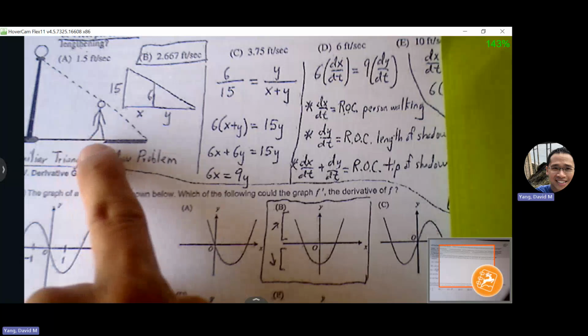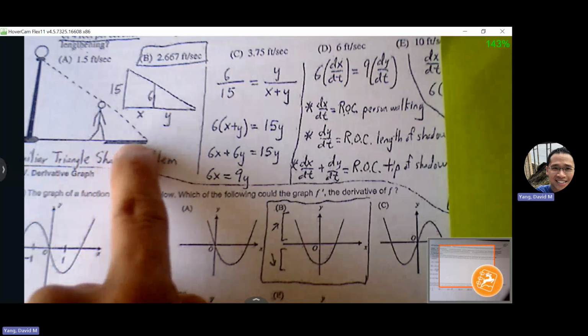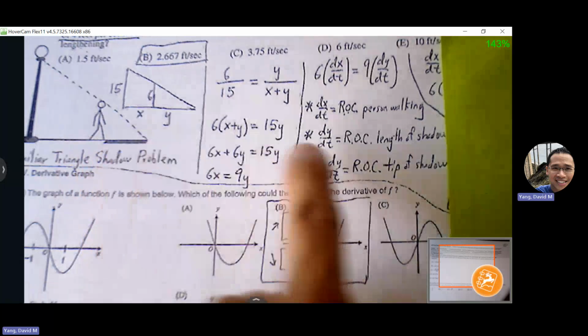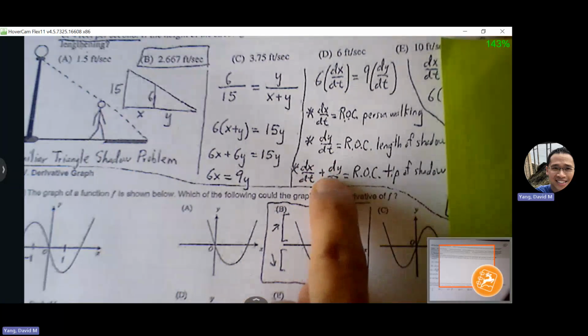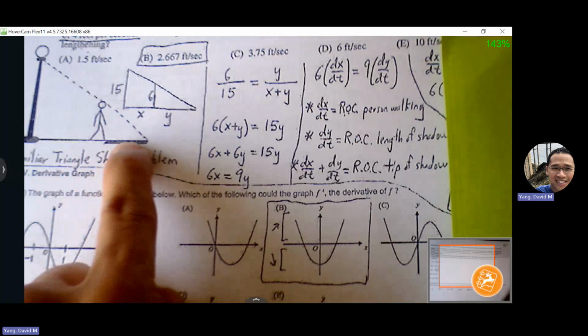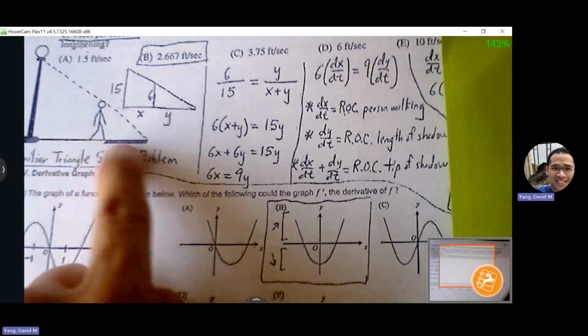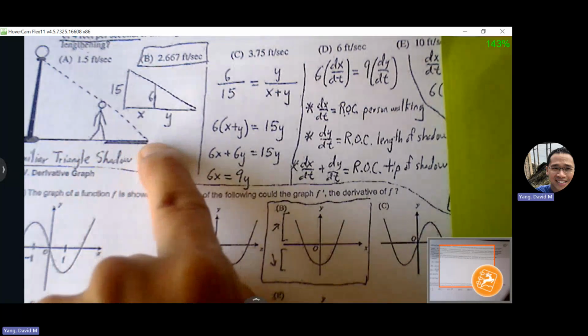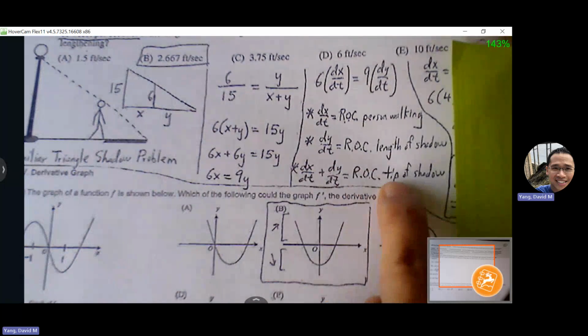As the person is walking towards or away, that shadow is going to be changing its length. So dy dt is the rate of change of the shadow. And if I add the two rates together, dx dt and dy dt, if I add how fast a person is walking and the shadow is also increasing at its own rate, I'm going to get how fast the tip of the shadow is moving in relation to the ground.